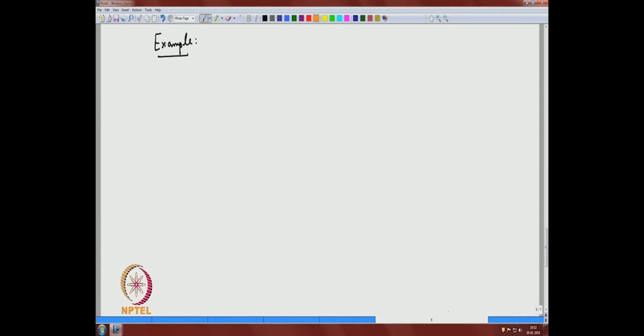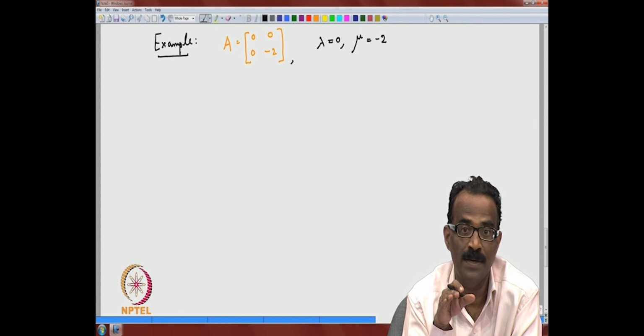So, consider an example with matrix A equal to [0, 0; 0, minus 2]. So, what are the eigenvalues? Eigenvalues are lambda equal to 0 and mu equal to minus 2. Of course, for any linear system, the origin is an equilibrium point.